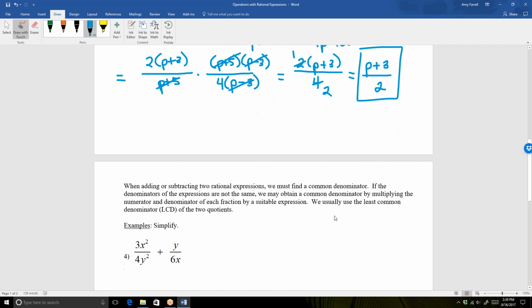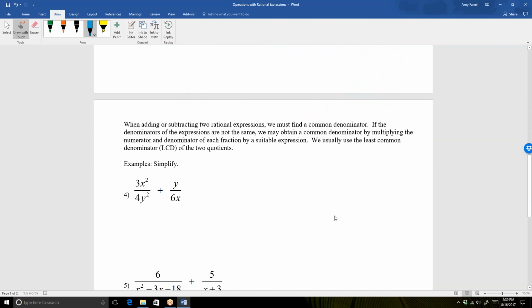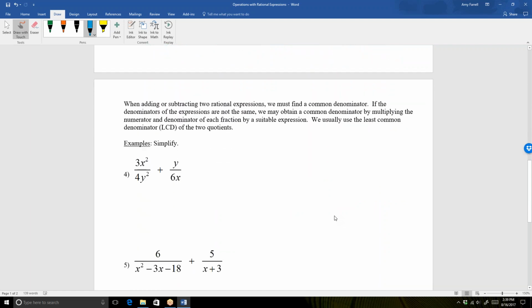Addition and subtraction can be a little bit tougher because we need a common denominator when we add and subtract rational expressions. Again, back from upper elementary, middle school, you probably remember that it is necessary to have a common denominator when you add and subtract fractions.